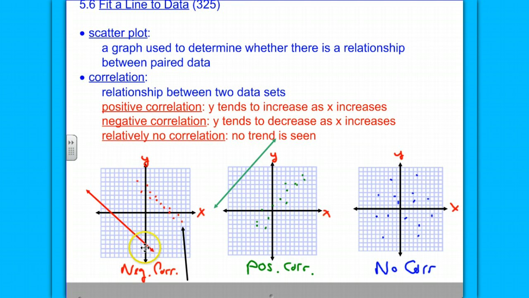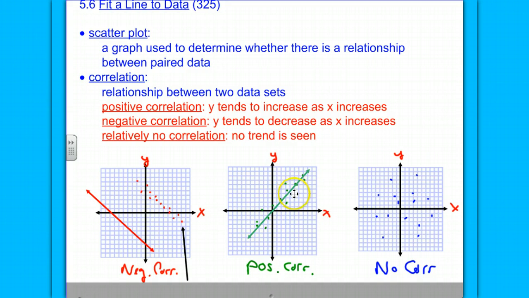So we call this a negative correlation. When the points tend to go up as x is increased, you see how it looks like positive? Like you could put a line into that data, which is what we're going to do today. We're going to say if you could take and fit a line in there as best you can to kind of model that data. Now we can write an equation of the line, right?